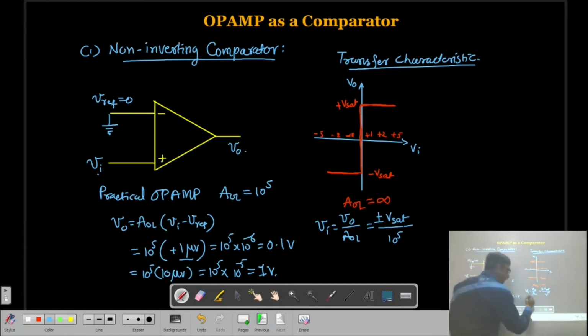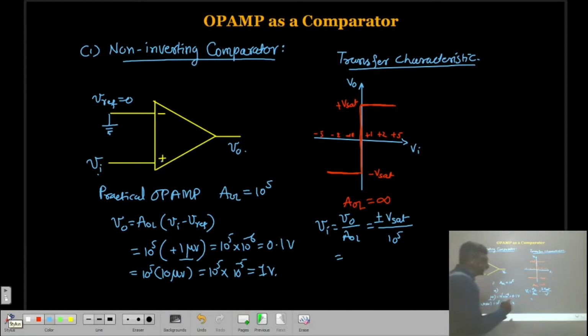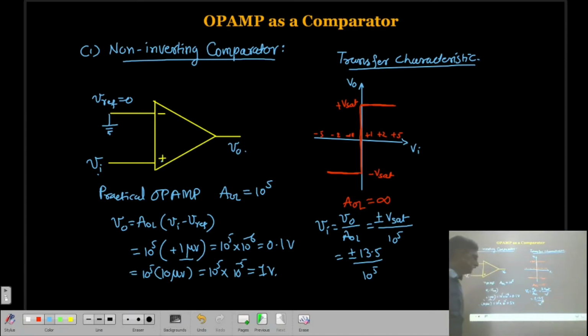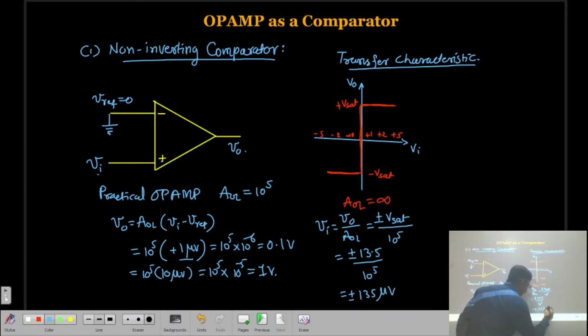Now plus V saturation and minus V saturation is nothing but plus or minus 13.5 volt divided by 10 raised to 5. So here you can calculate this voltage. It will be plus or minus 135 microvolt.